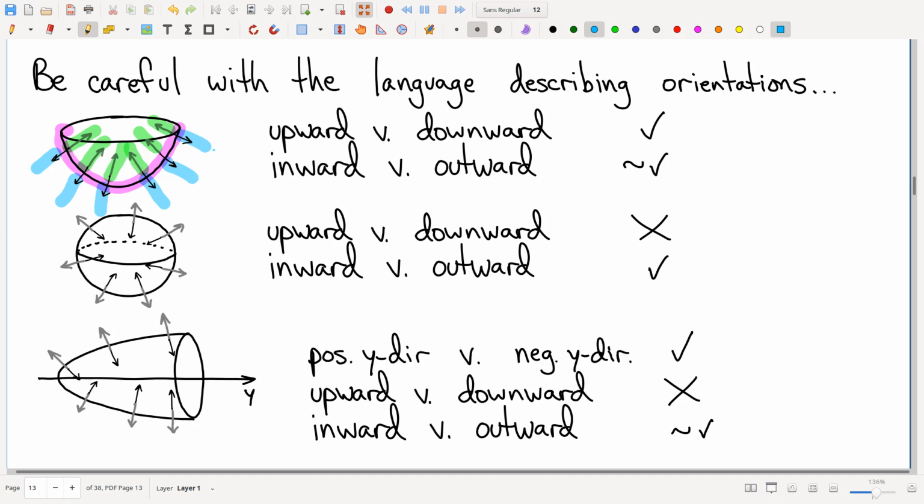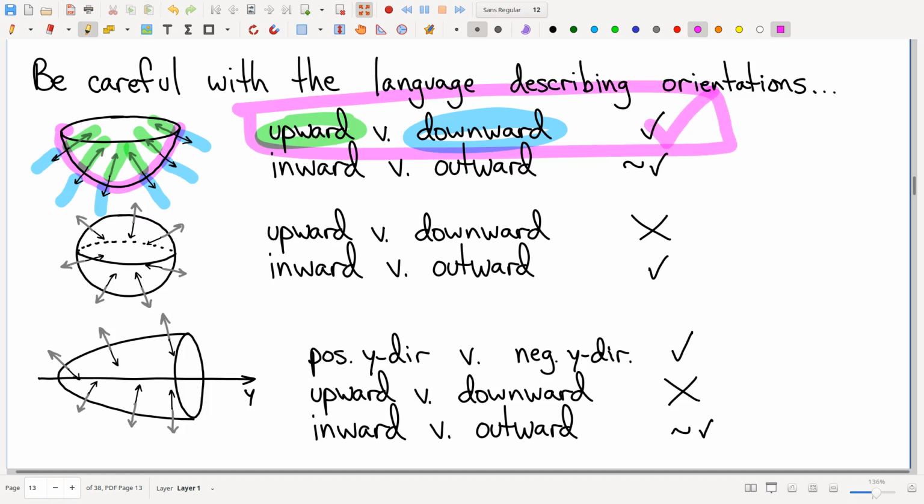And I claim that this language right here, calling these two orientations upward versus downward, is perfectly good enough for those purposes, right? If I say upward, there's no way I could be talking about these blue vectors, all of which point at least somewhat downward and not even a little bit upward.